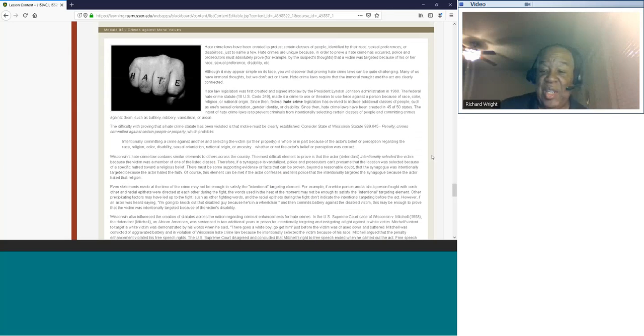Look at what it says in Wisconsin. It says penalty crimes committed against certain person or property, which prohibits intentionally committing a crime against another and selecting the person or their property in whole or in part because of the person's belief or perception regarding the race, religion, color, disability, sexual orientation, national origin, ancestry, whether or not that person's belief was correct.